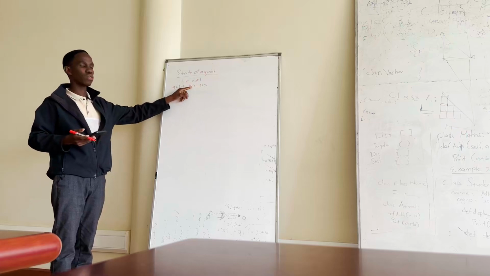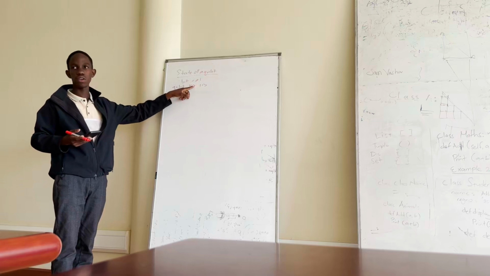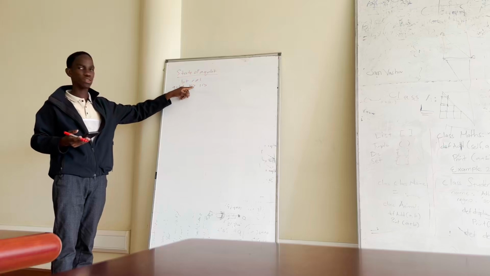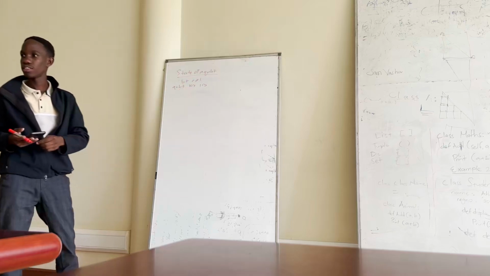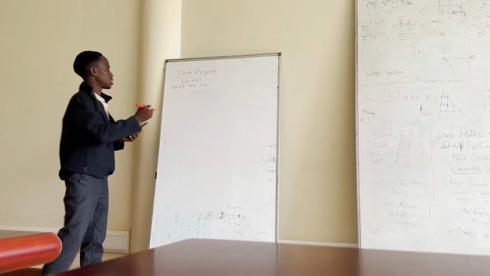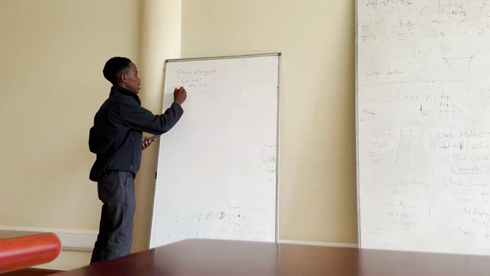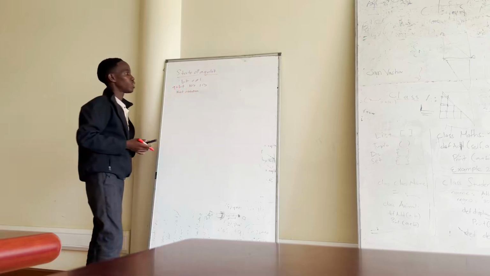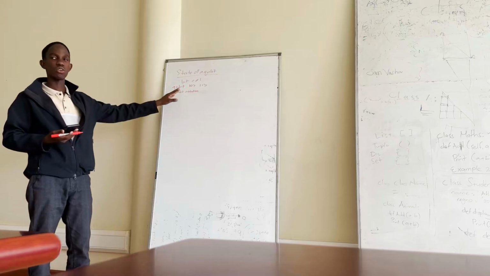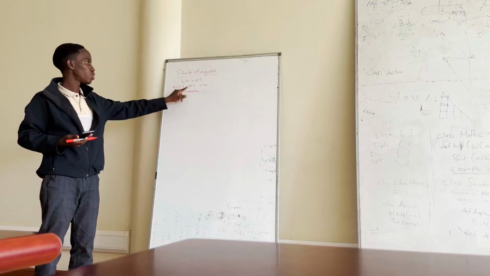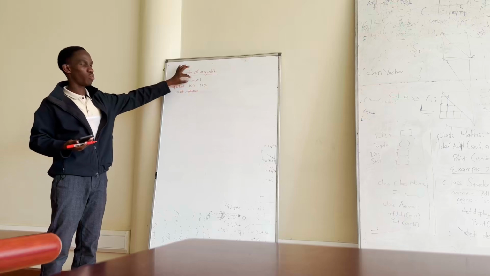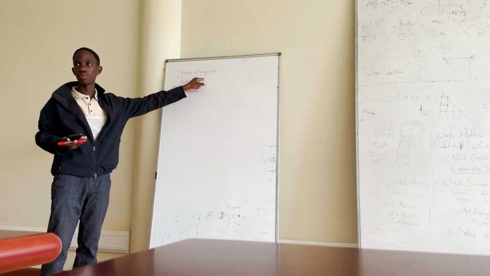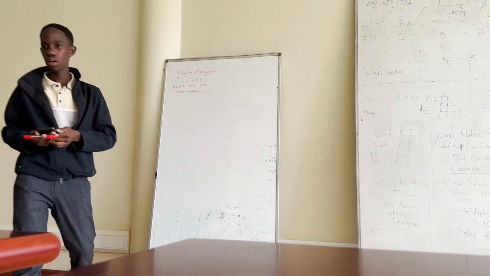This symbol here is the ket notation, and the ket notation represents the state of a qubit. So ket 0 represents 0, and ket 1 represents 1.